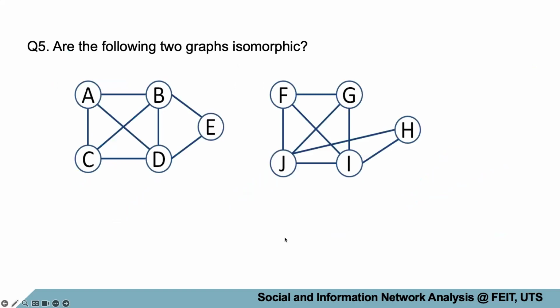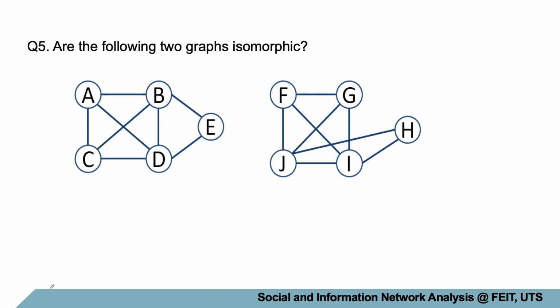So when it comes to this question, are these two graphs isomorphic? There's definitely not just one bijection. As long as you can find a one-to-one correspondence between these nodes and edges, you can say it is isomorphic.